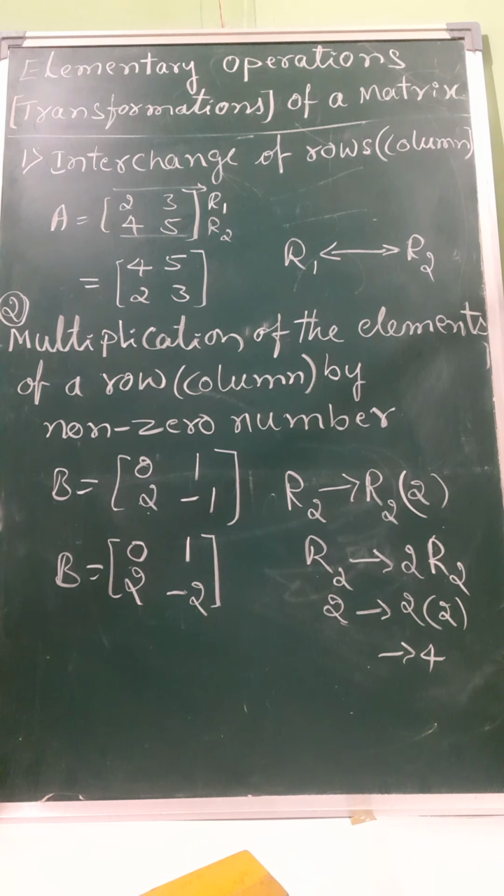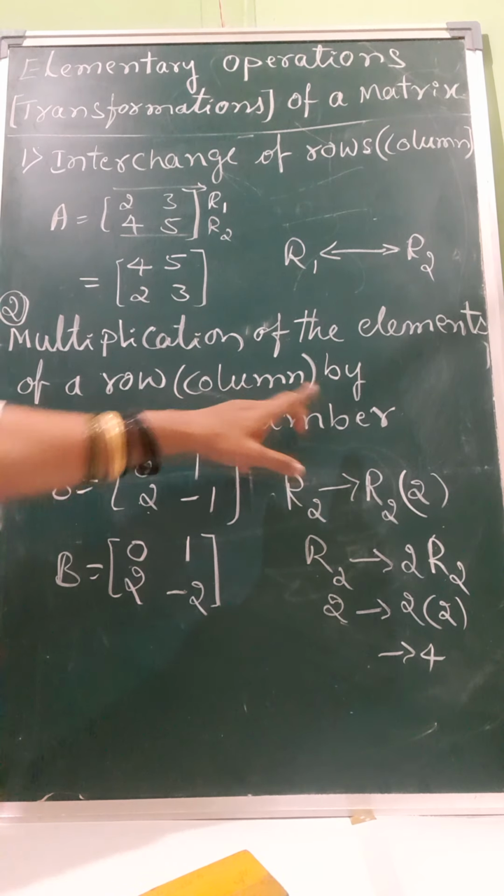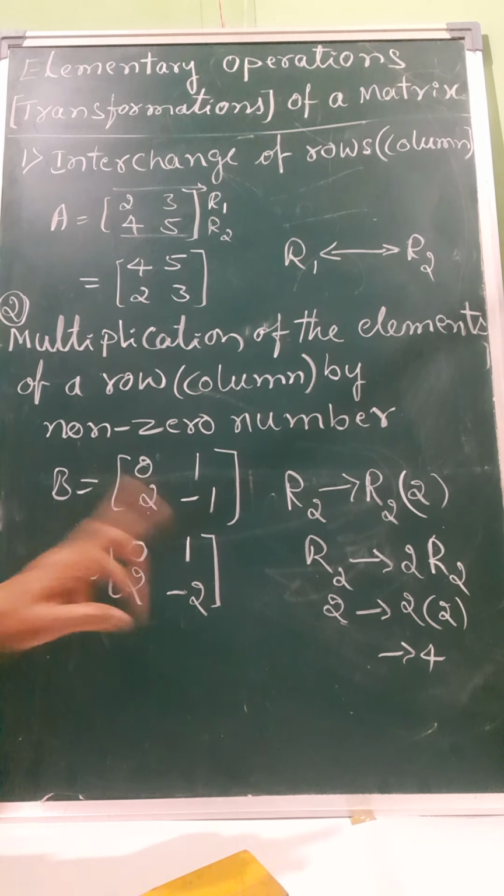This is the second elementary operation, multiplication of the elements of a row or column by a non-zero number. I will take only the rows here, but it can be done in the columns also.